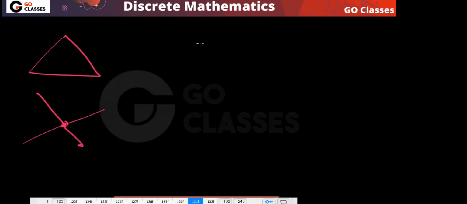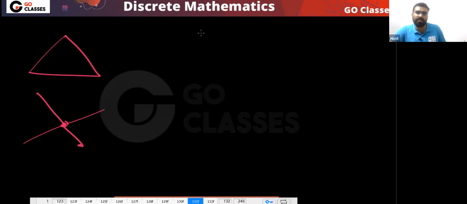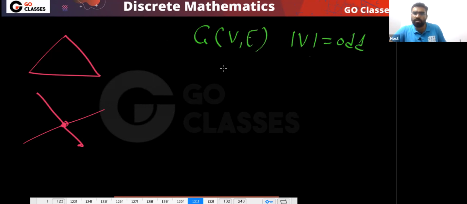For example, any graph G(V, E) on an odd number of vertices does not have any perfect matching. And even if you have an even number of vertices, as here, this also does not have any perfect matching.